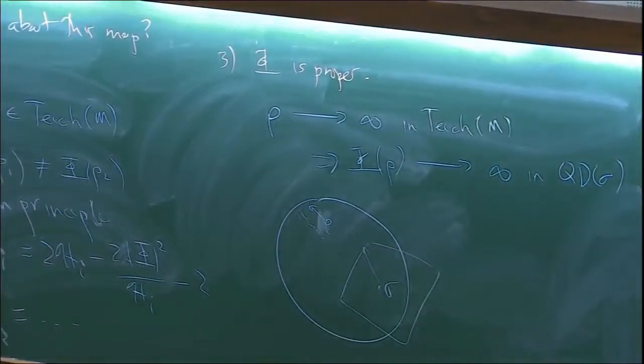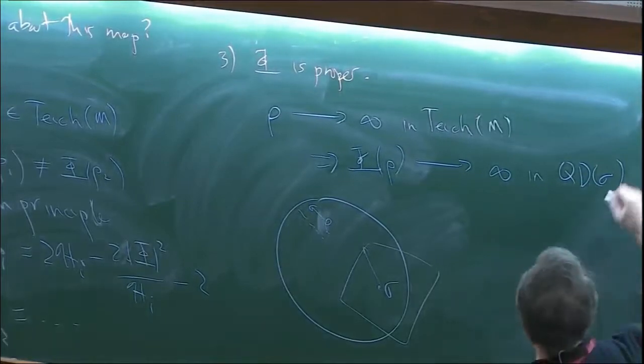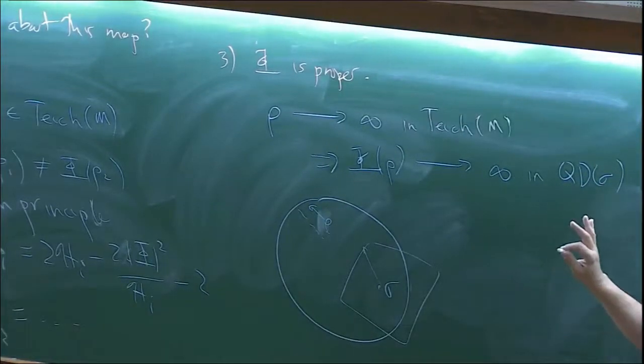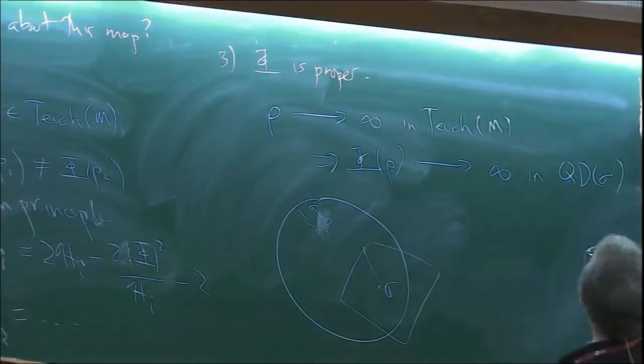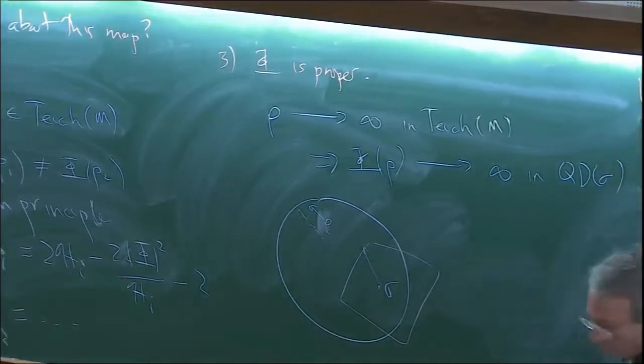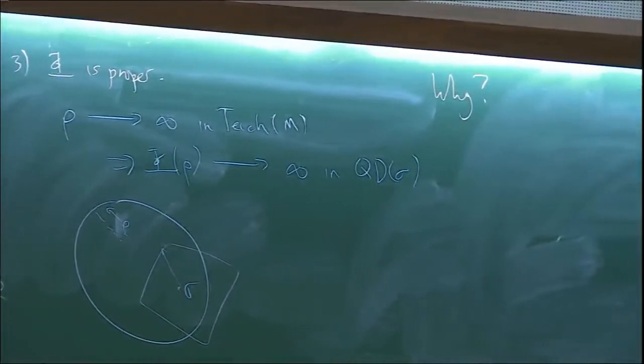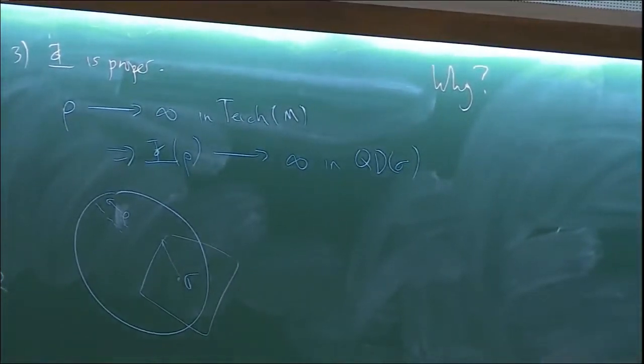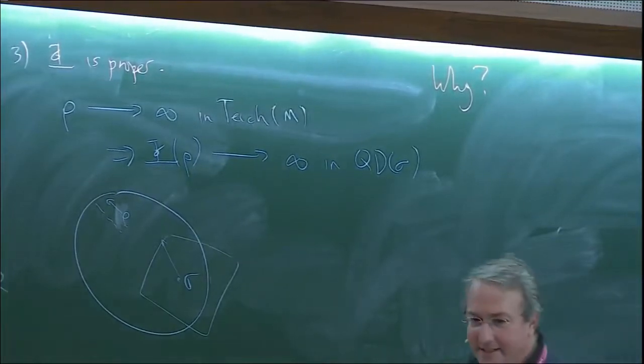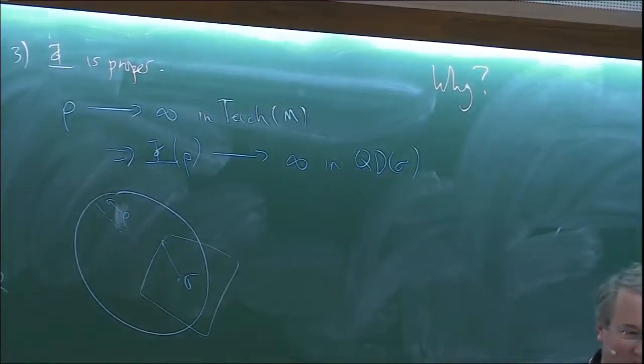That's the claim. Why is this true? Everyone understand the claim? So why? Well, from time to time in doing geometric analysis and PDEs, there's a time to do PDEs, there's a time to do geometry.